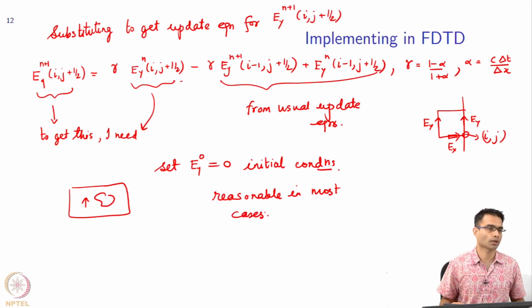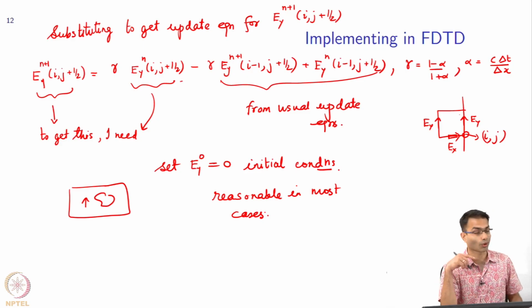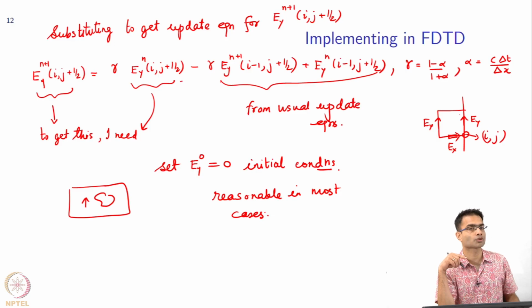So, what we have looked at is how to take your absorbing boundary conditions and implement them in FDTD, and for that we need to take care of our very initial conditions.